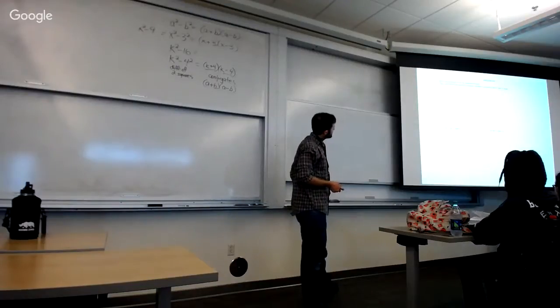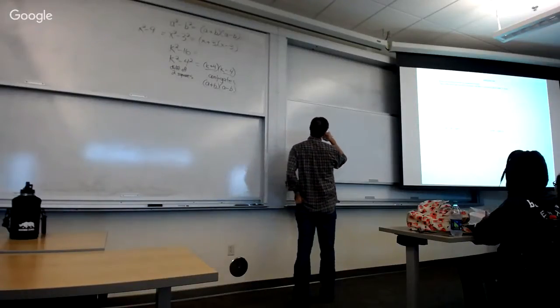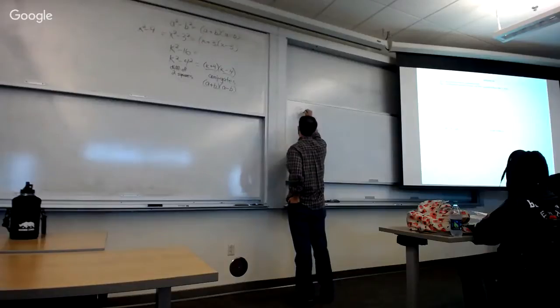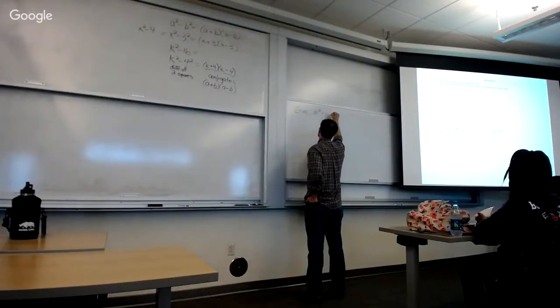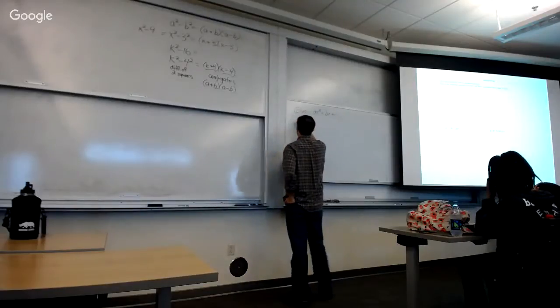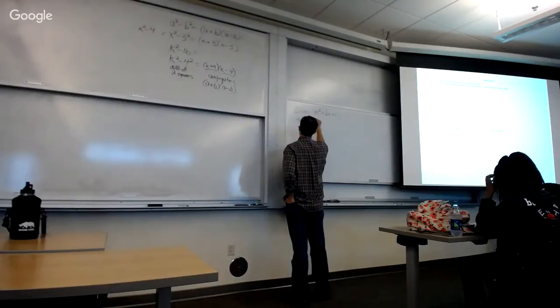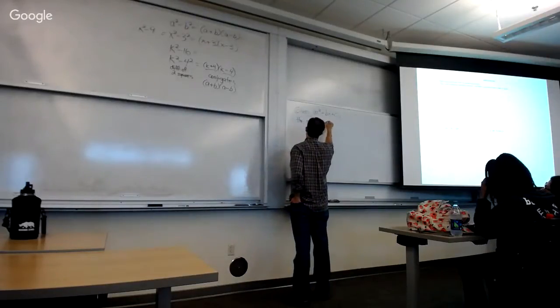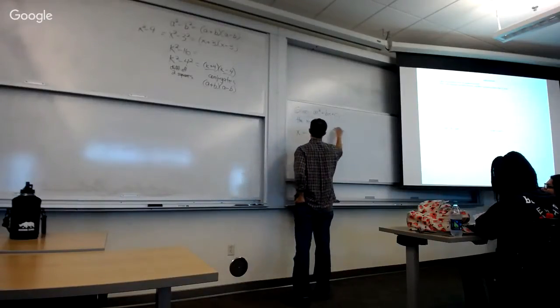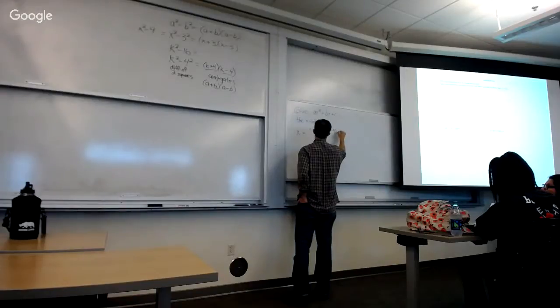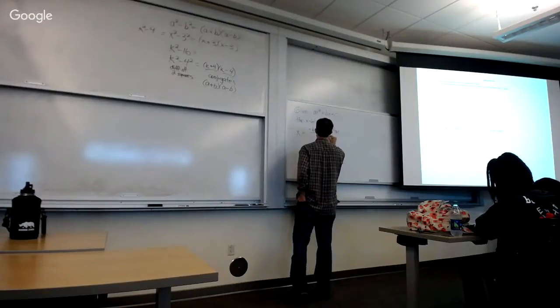Okay, so first, everybody write down the quadratic formula. So remember, given ax squared plus bx plus c, the x-intercepts are negative b plus or minus root b squared minus 4ac all over 2a.